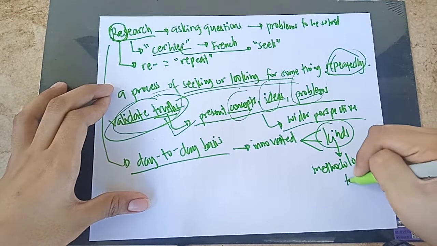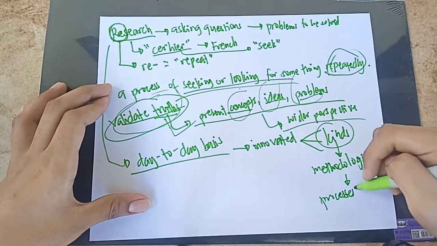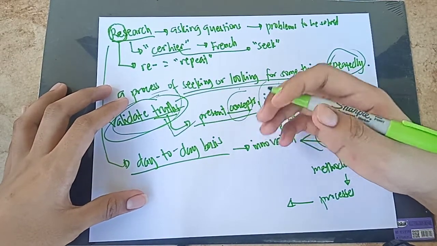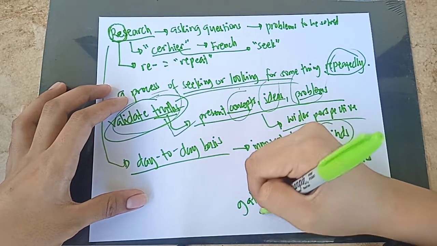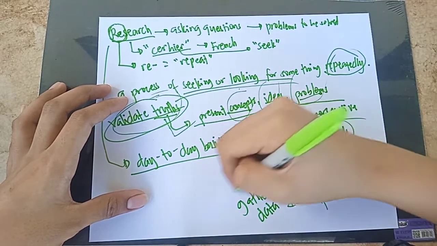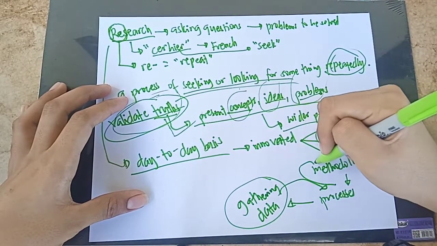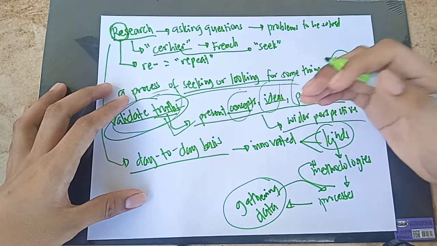These methodologies pertain to the different research processes, such as gathering data, as we mentioned in our previous video. Research varies in gathering data, which is a part of the research processes, and the research processes are a part of the research methodology.